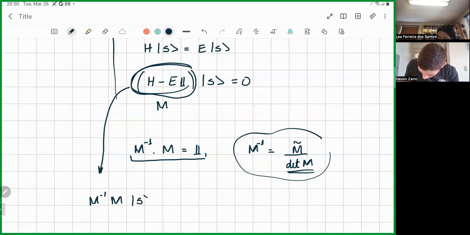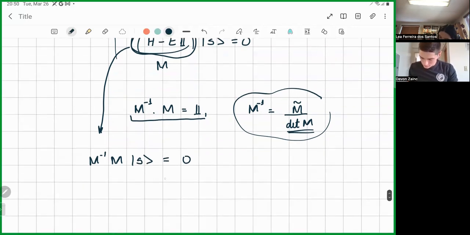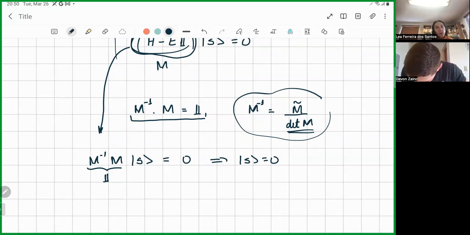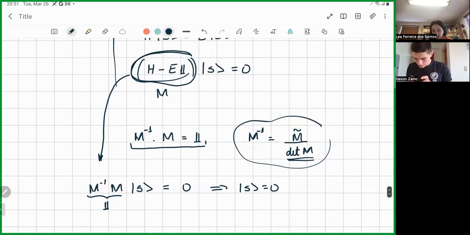What will happen is, since this is the identity, I will say that the vector is 0. So that's very bad. I went through all this just to tell you, if the matrix has an inverse, I cannot solve this problem. It's a problem with no solution. There is no vector, there is no nothing. So that's not what we are going to do.